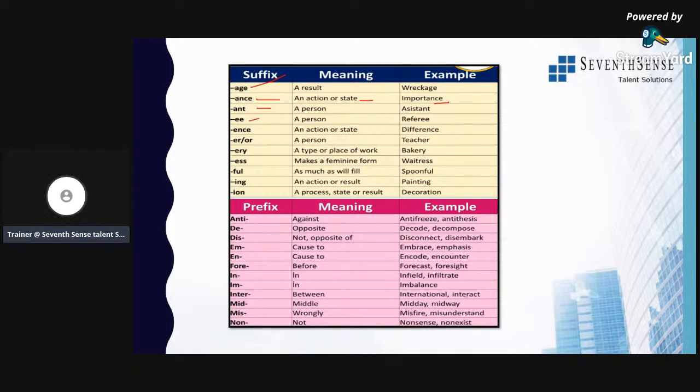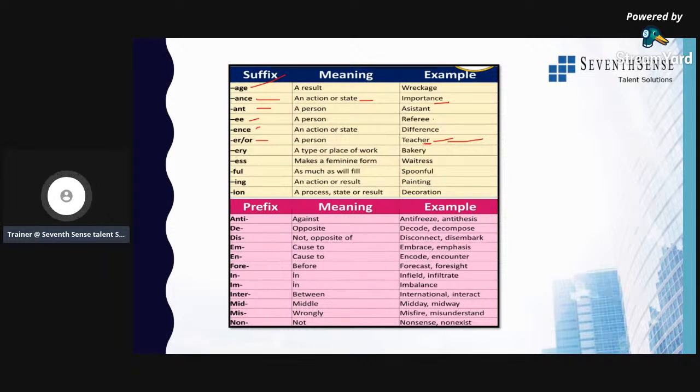And -ee is a person, like referee, because it also refers to a person. -ence is again an action or a state, like difference. -er is also a person: teacher, painter, driver. These are words ending with the suffix -er, and they refer to a person.